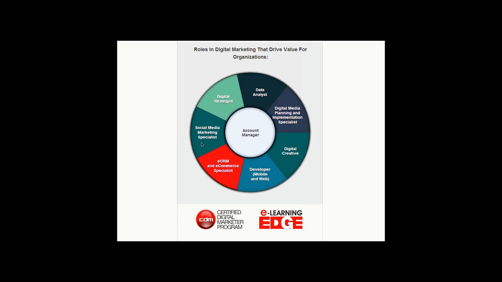Based on this, we're seeing more specialized roles. For example, you have people who are specialized in digital media planning. These are the digital counterparts of your traditional media planners who do media plans for TV, print, and radio.